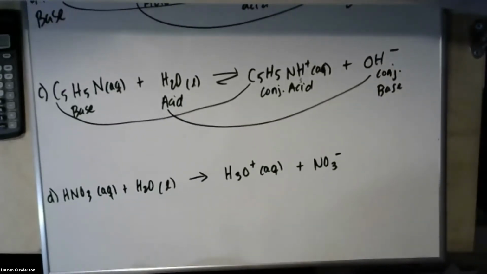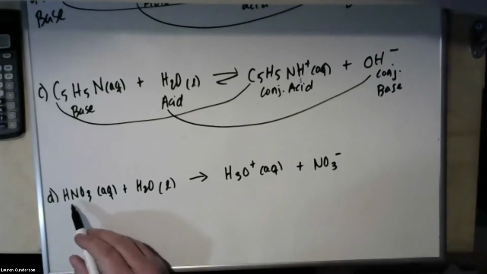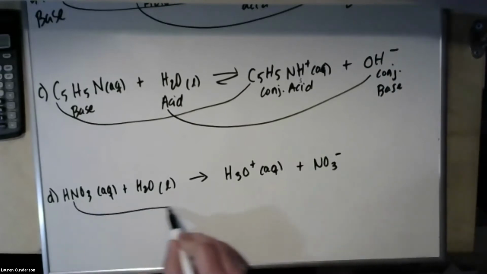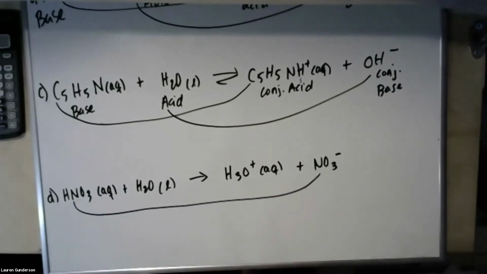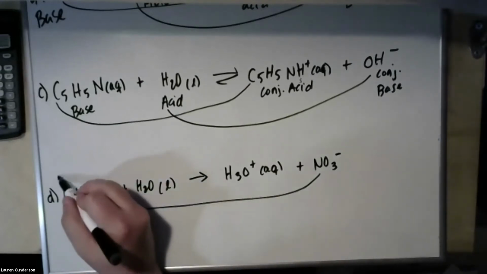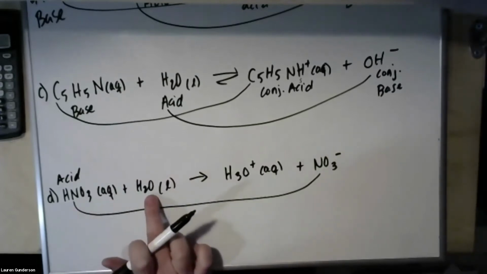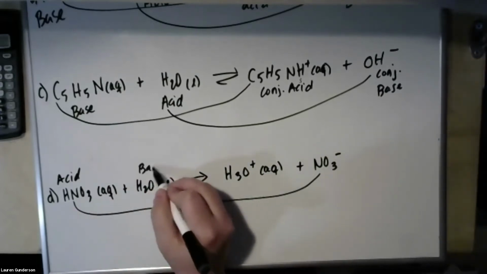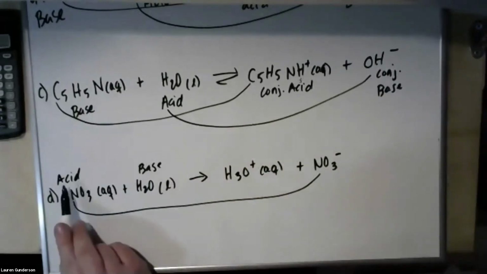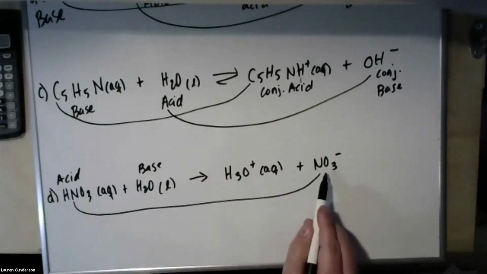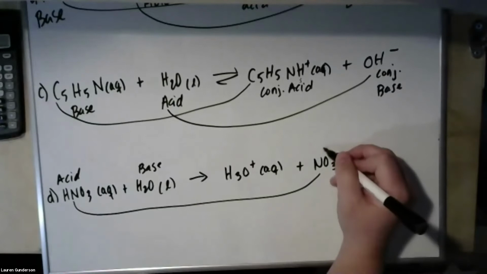Then down here, we have HNO3, which is going to convert to NO3 minus. So it donated its proton. That makes HNO3 the acid, which means that water in this case is going to be the base. If HNO3 is the acid, that makes NO3 minus our conjugate base.